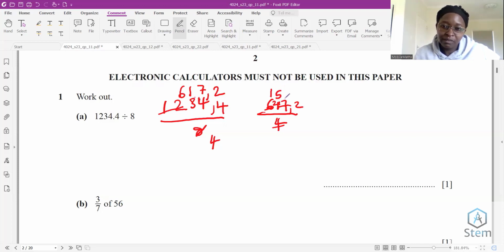Remainder 1 into 17, that's a 4. This is a 4, guys, sorry. So I have 154 point, remainder 1 here. 4 into 12, that's a 3. So our answer is 154.3. Okay, let's move on.